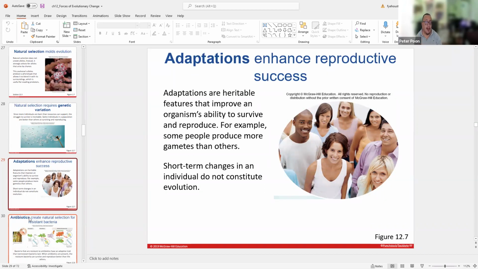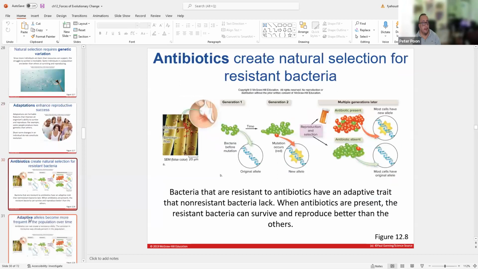Adaptations enhance reproductive fitness. Adaptations are heritable features that improve an organism's ability to reproduce. Next, fitness and antibiotic-resistant bacteria.